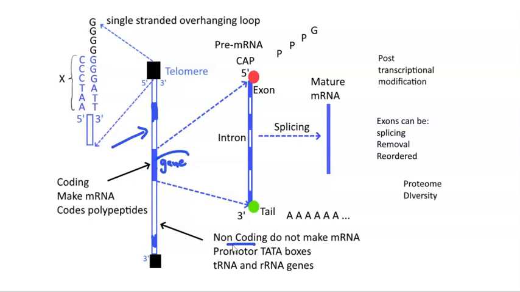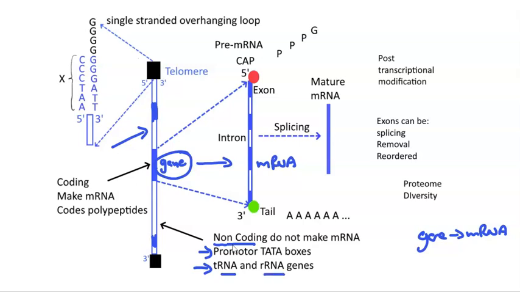Now, the gene regions produce messenger RNA. So genes, they produce messenger RNA. But the non-coding regions can be the promoter Tata boxes, or they can be the regions that locate the genes for tRNA and rRNA.